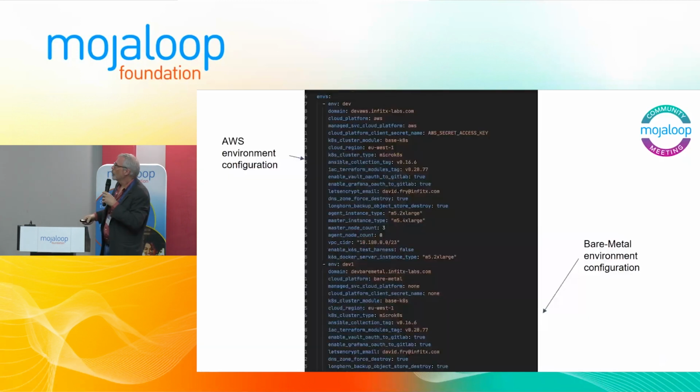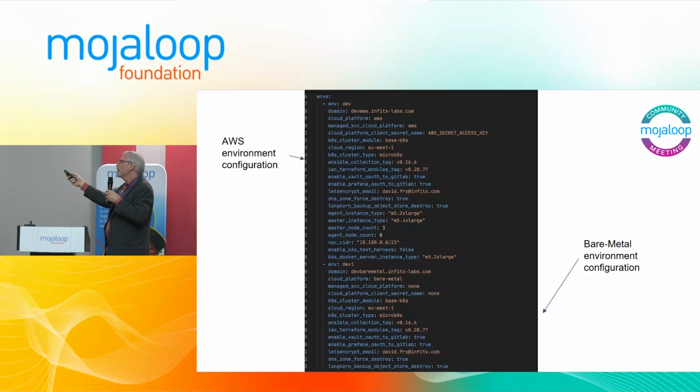And that really doesn't come out well. What I wanted to show is that in one configuration file, you can set up multiple environments. The top one is a dev environment, and I think you can see on the third line, the cloud platform is AWS. The one below is dev one, and the cloud platform is bare metal.